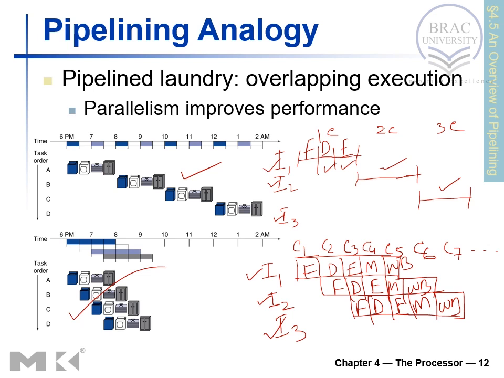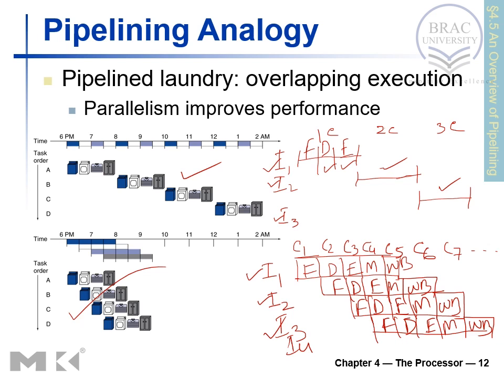So fetch is again free, and instruction 3 can start executing fetch. Next, if we extend it further, we have fetch, decode, execute, memory, and write back, and this is I4.